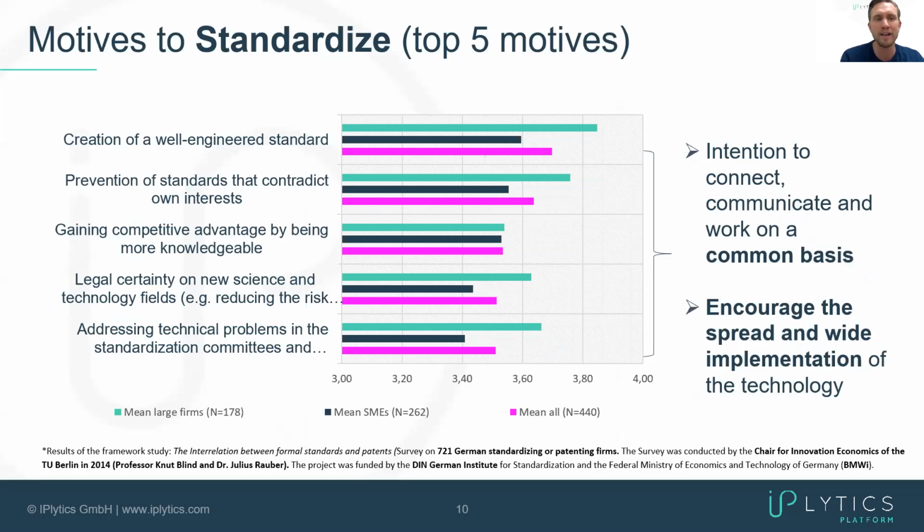If you ask those companies their motives to standardize, they want to have a technology that works for everyone, that allows communication, working on a common basis, encourage the spread and wide implementation. So again, the motives to standardize are very contradictory to the motives to patent, right?